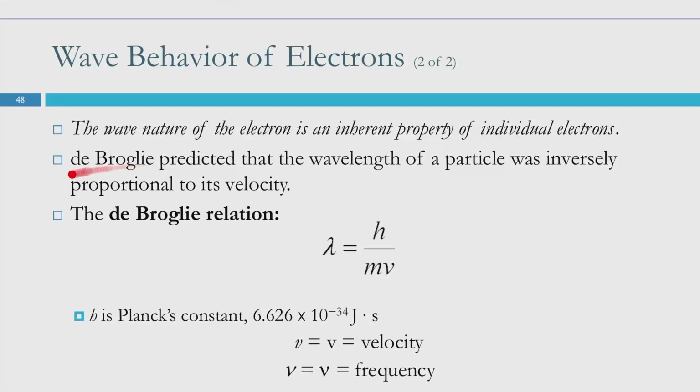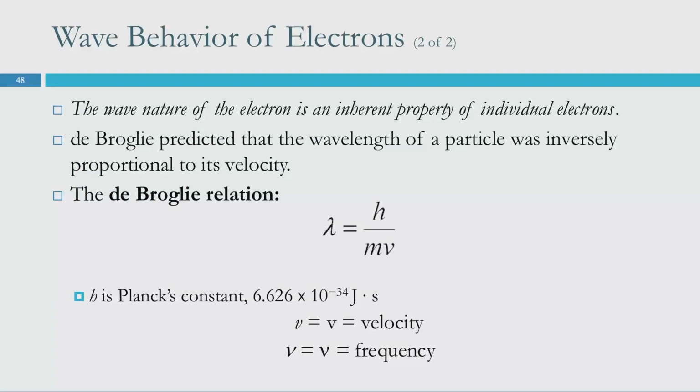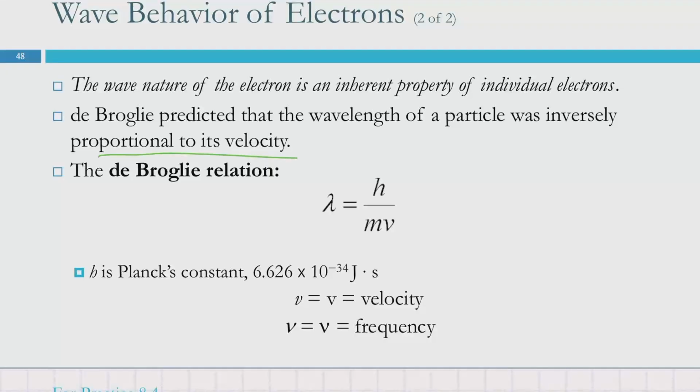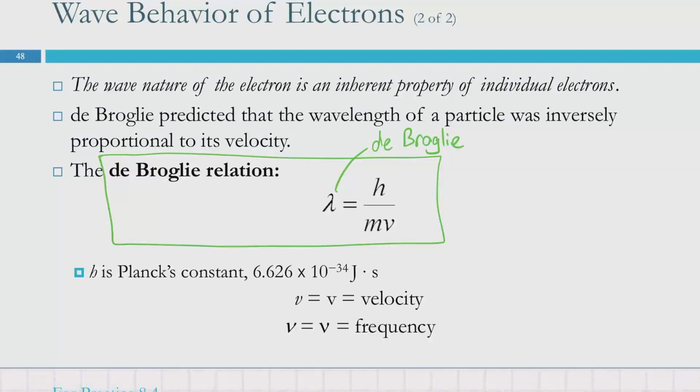And de Broglie, that person we were talking about before, predicted that the wavelength of a particle is inversely proportional to its velocity, and so we get this de Broglie relation. So we've got our wavelength, our de Broglie wavelength, is equal to Planck's constant, same Planck's constant that we saw before, over the mass of the particle times velocity.